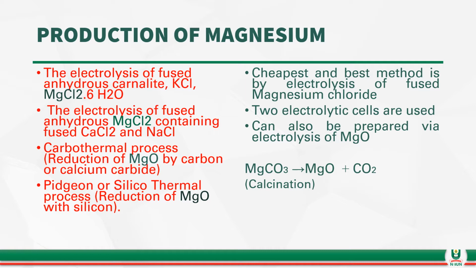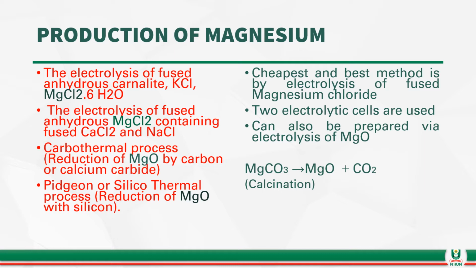Now, in the production of magnesium by the electrolytic process, two electrolytic cells are used: the Dow electrolytic cell and another cell which is smaller in comparison. The Dow electrolytic cell is a large rectangular ceramic covered steel tank, and this steel tank is the electrolytic cell.